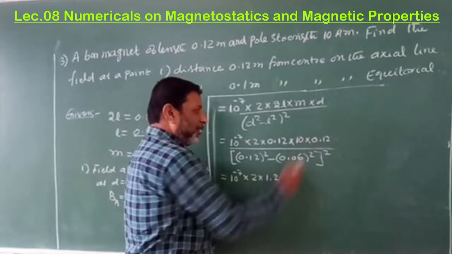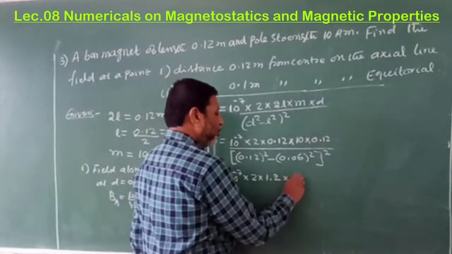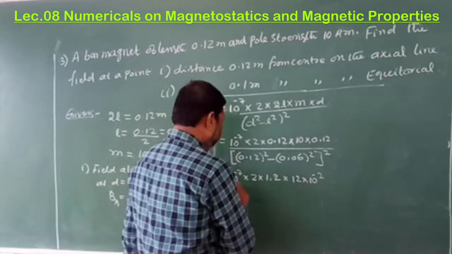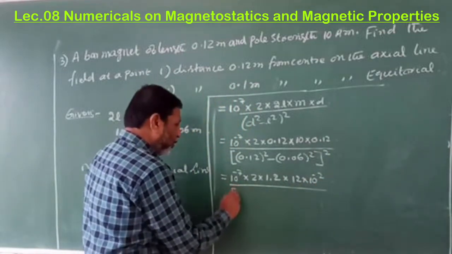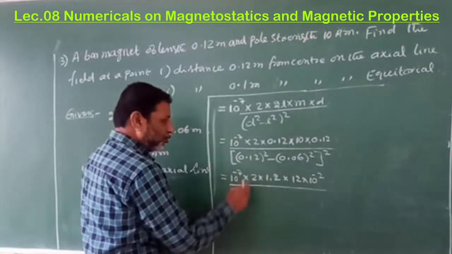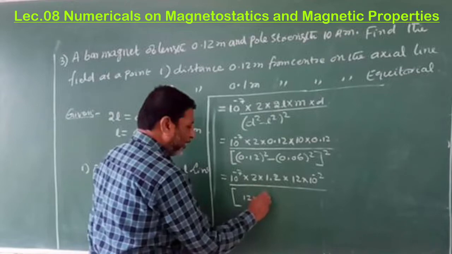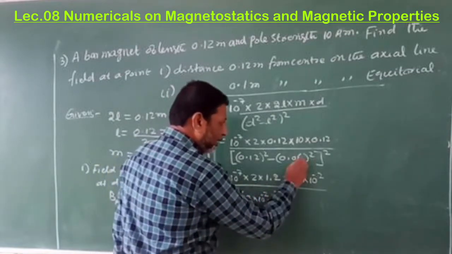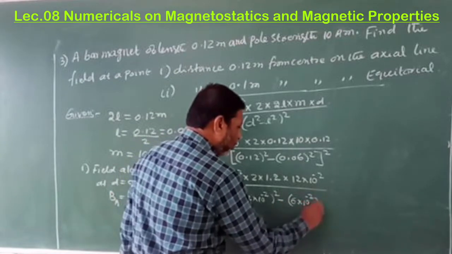Now, instead of writing 0.12 here, better you write it as 12 into 10 raised to minus 2, divided by 12 into 10 raised to minus 2 whole square minus 6 into 10 raised to minus 2 whole square.